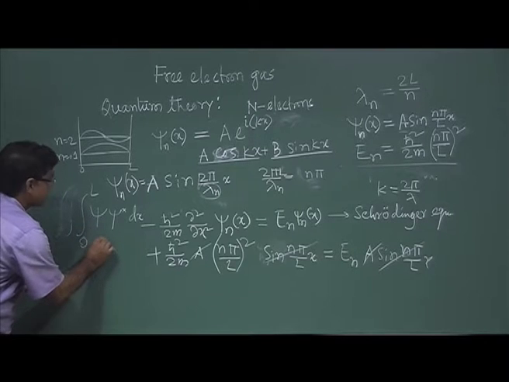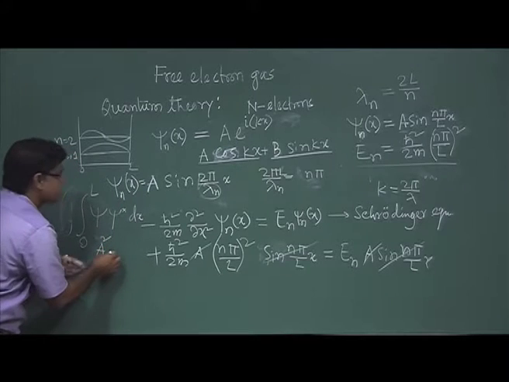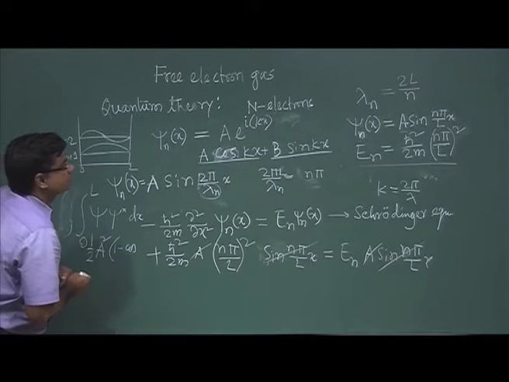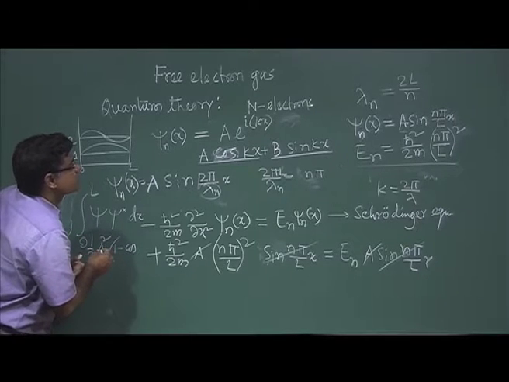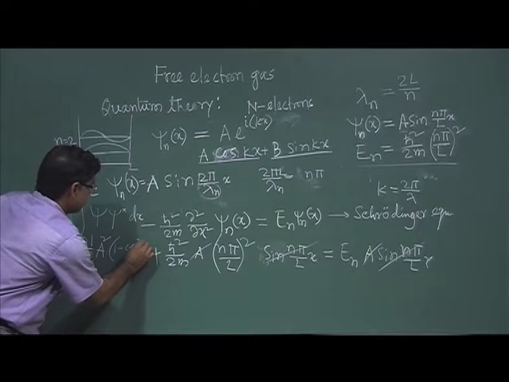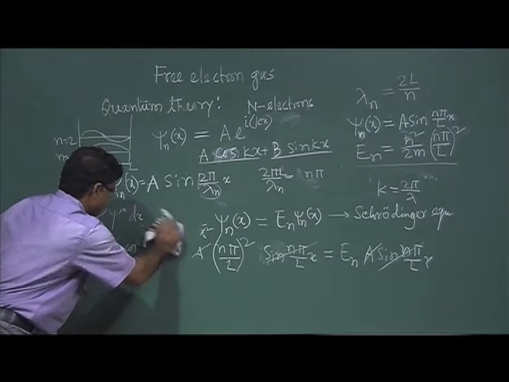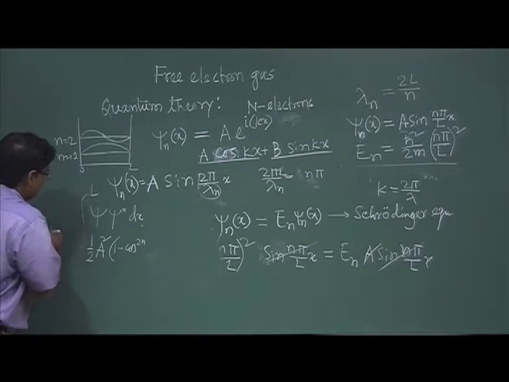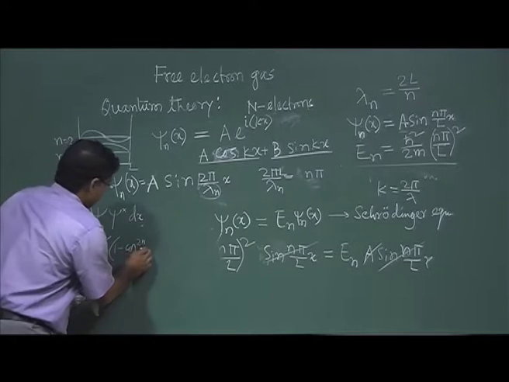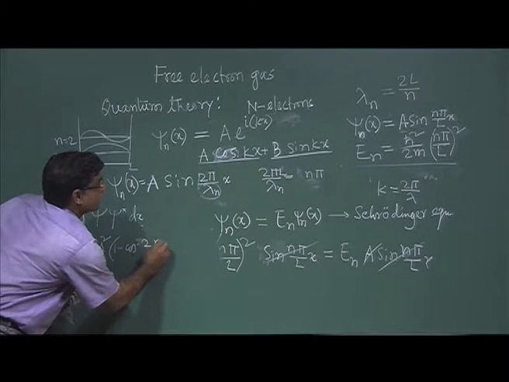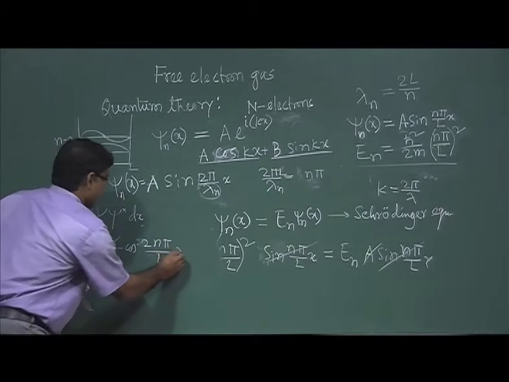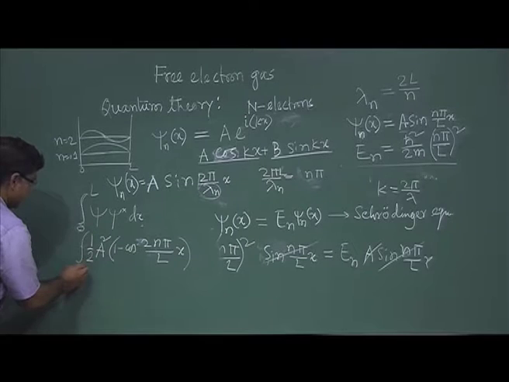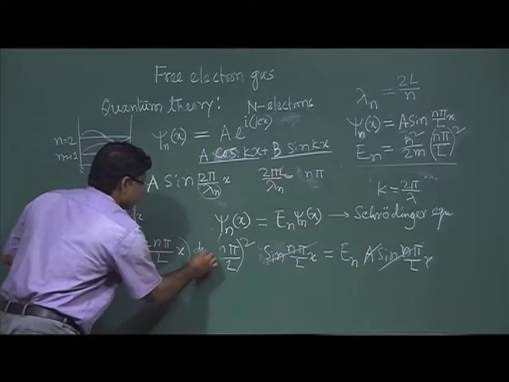So, this is basically A square sine square, as I told, I will take half, and then 1 minus cos 2 theta, with 2 theta meaning cos 2 n pi by L x, right. So, your integration is 0 to L, dx.